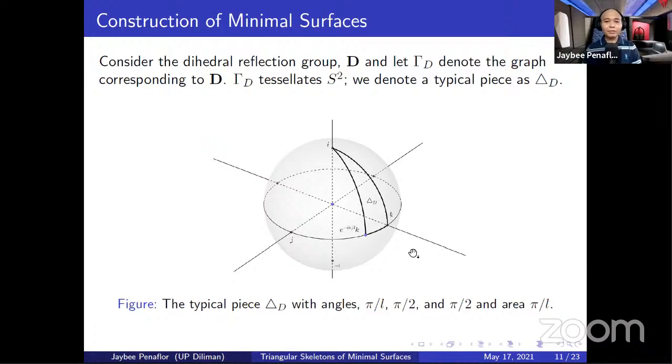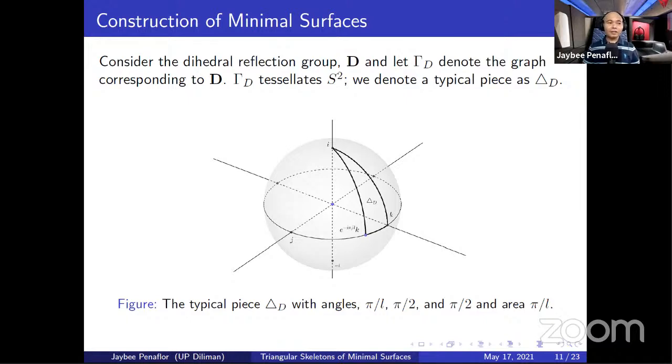Coming from I, we have this point K. And then we have this point, which is e to the negative pi over L of a distance from K, and it goes back to I. This typical piece has angles pi over L. Pi over L is this vertex angle over here at I. And then we have 2 right angles. The area of this triangle, by the spherical excess theorem, is pi over L.